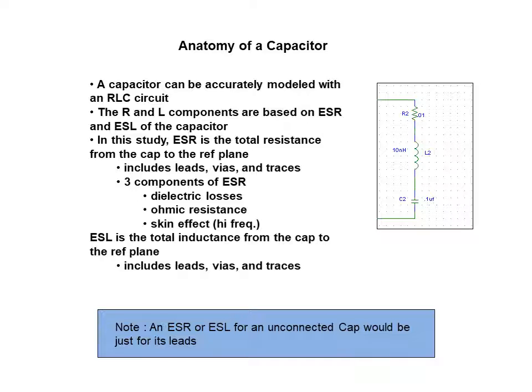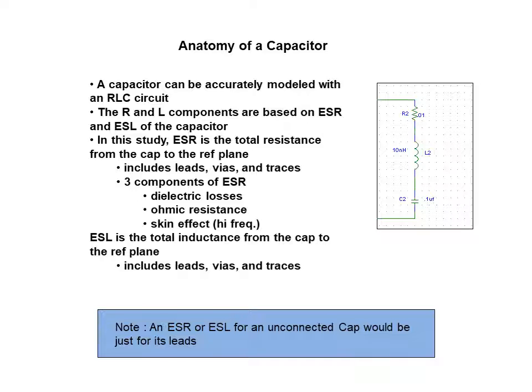Here in the study, we will see that the ESR is the total resistance from the cap to the reference plane. It includes the leads of a capacitor, vias, and the traces on the board. Three components of the ESR to be factored are the dielectric loss, the ohmic resistance, and the skin effect, which accounts for high frequency signals.